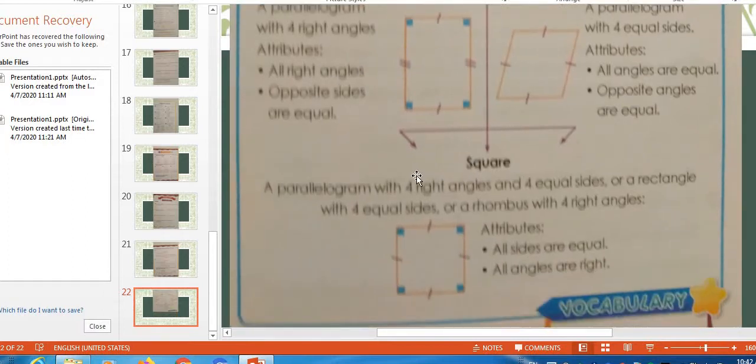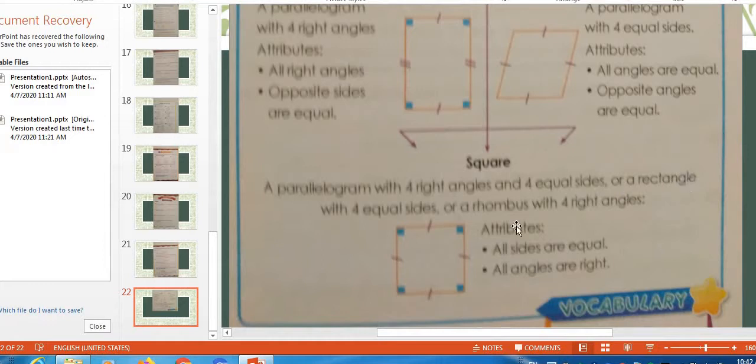Square. A square also is considered a parallelogram with four right angles and four equal sides. This side is equal to this side and equal to this side and equal to this side. If the side is 3 centimeters, each side will be equal to 3 centimeters.